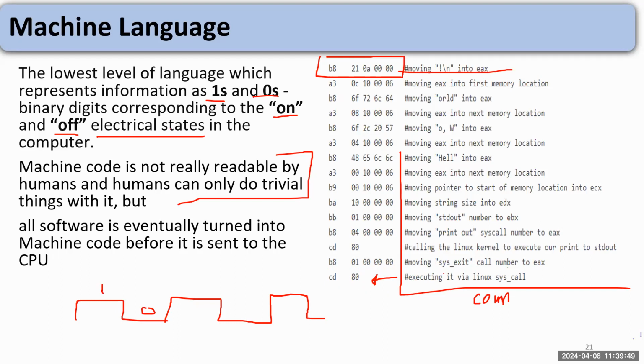CD80 is relevant to a Linux system call. Another example is B8106F, which is relevant to moving a value into the EAX. EAX is a register relevant to the architecture in the computer. So people cannot understand machine language. The computer can only understand 1, 0.